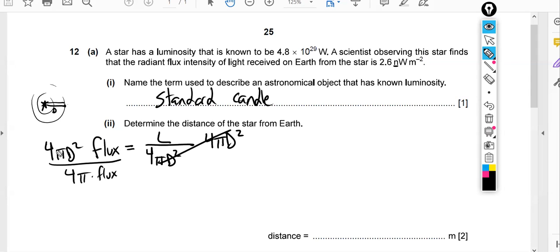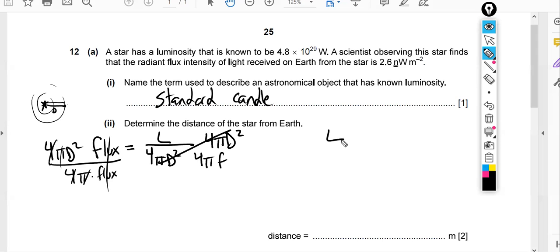And so we've got 4's going away, pi's going away, flux cancels out, but I got to divide this side by 4 pi flux. All right, multiply that. I'm trying to get this all by itself. So multiply that, got L. Over here, divide by 4 pi flux.